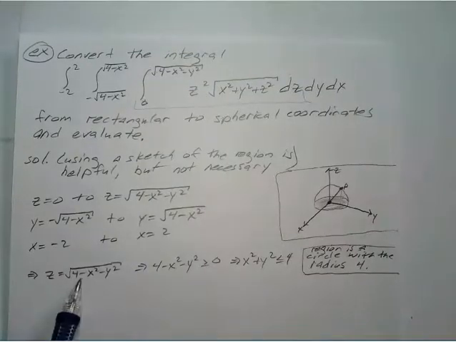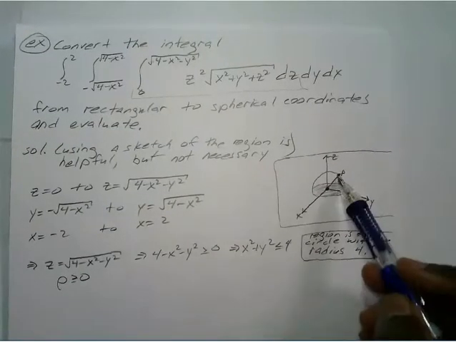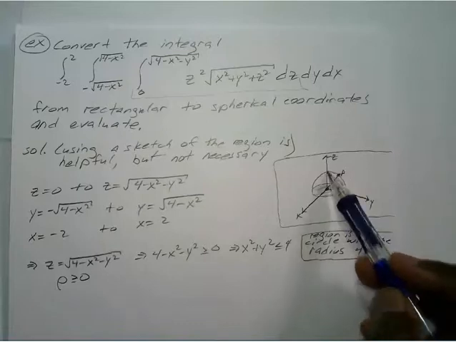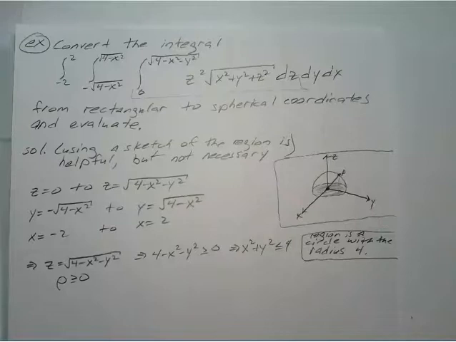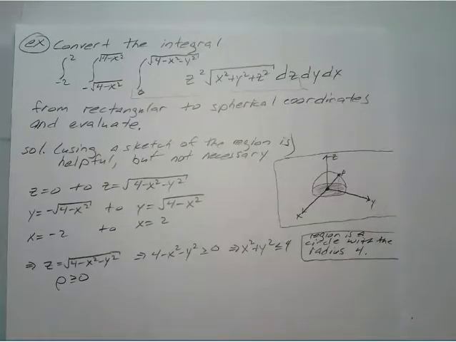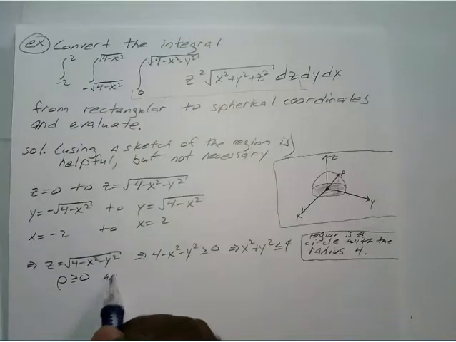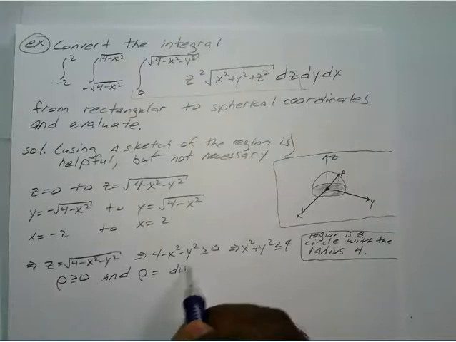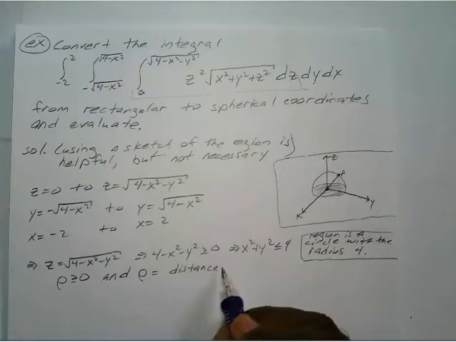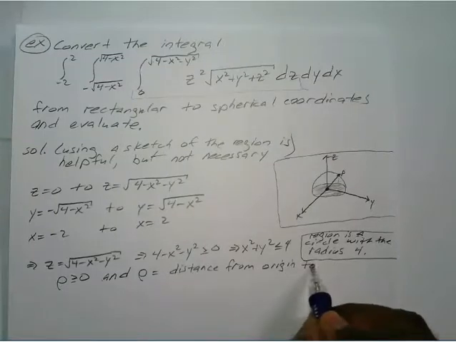Okay, so using this and the fact that we know that rho is greater than or equal to 0, because remember, rho is the distance from the origin to any point on that spherical looking object. Say rho is greater than or equal to 0, and we also know that rho is equal to the distance from the origin to the surface.